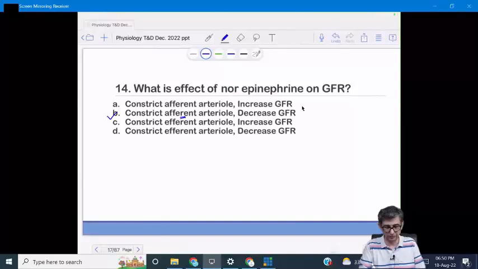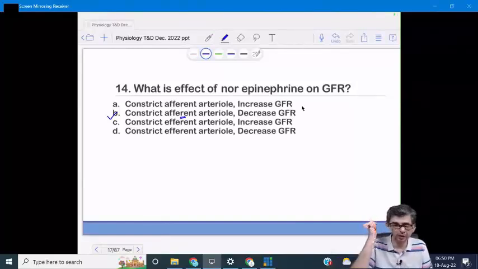Yep. The main disadvantage of norepinephrine is that it constricts the afferent arteriole and can decrease the GFR.